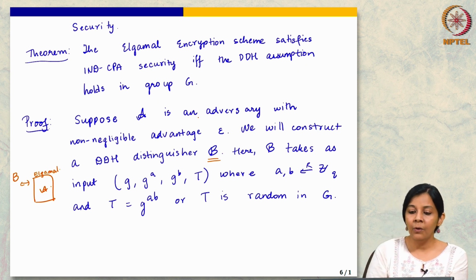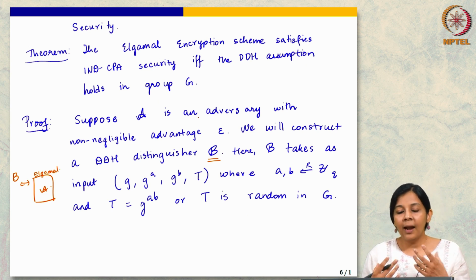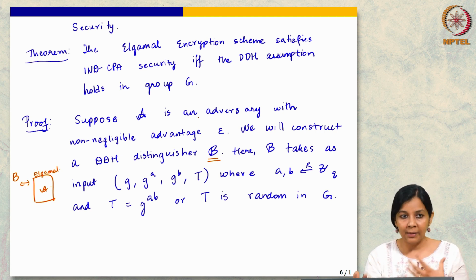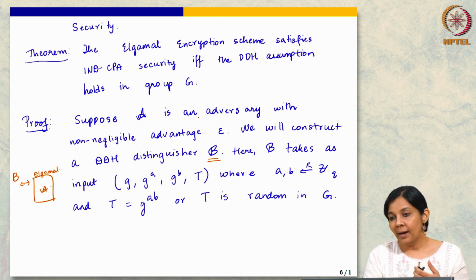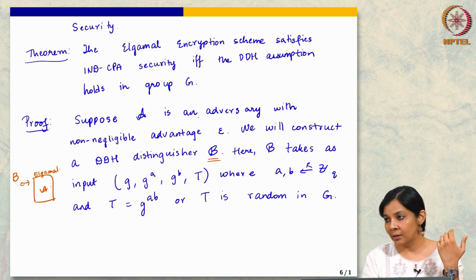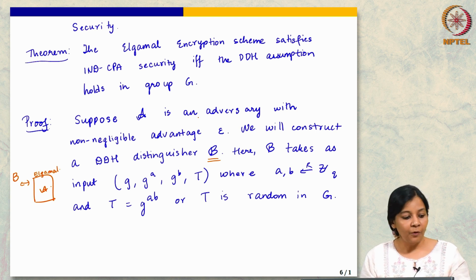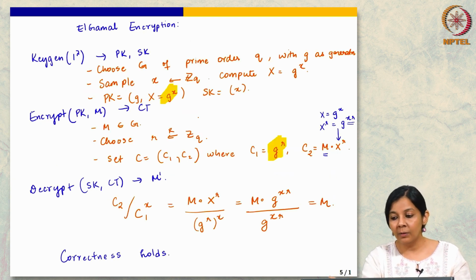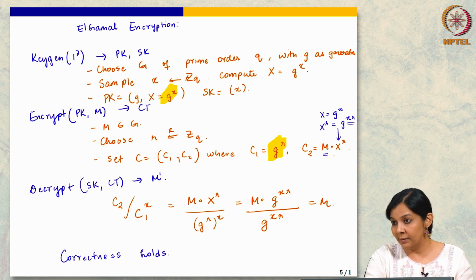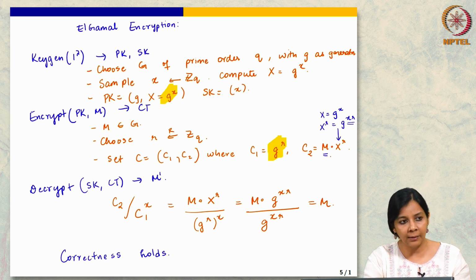Exactly, very good. Think about it: I, as the reduction, am supposed to play the challenger to A. I need to use the adversary A to break the DDH assumption. So, I better embed my DDH assumption in whatever the attacker sees. When we looked at the scheme previously, we made a note of the fact that the ciphertext looks like a DDH target element.